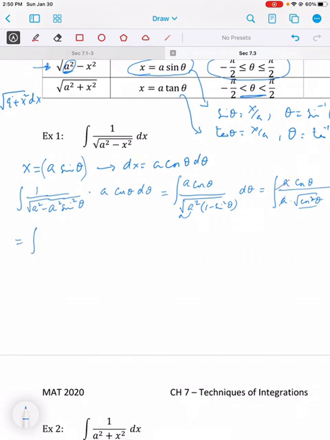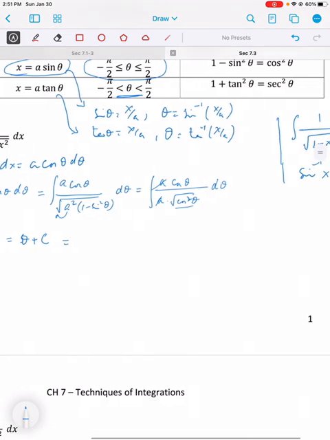So a and a cancel, right? So let me rewrite it, cosine of theta over cosine of theta, so that we end up getting d theta, which is going to be just theta plus c.